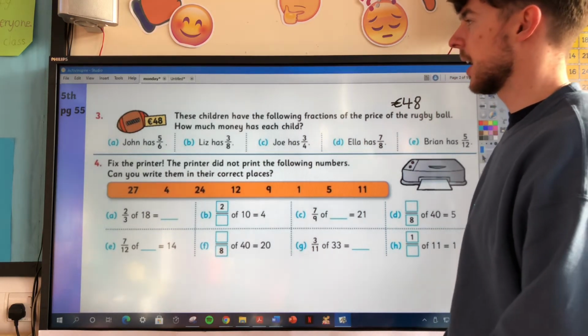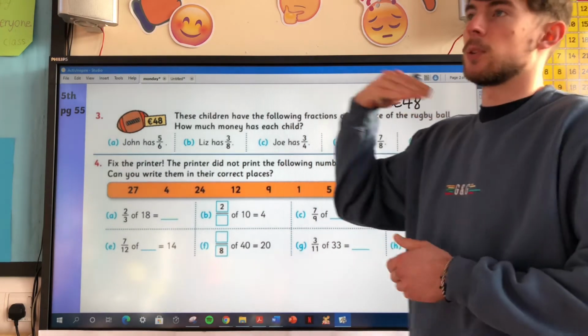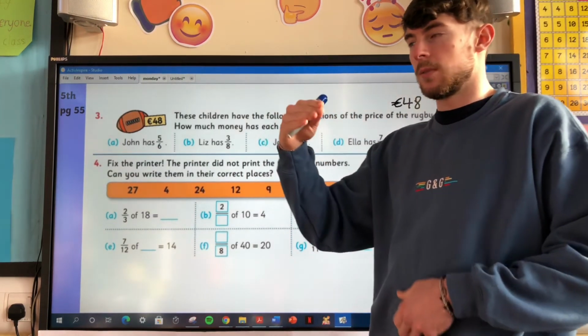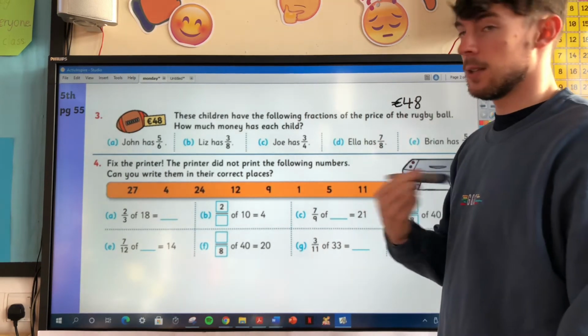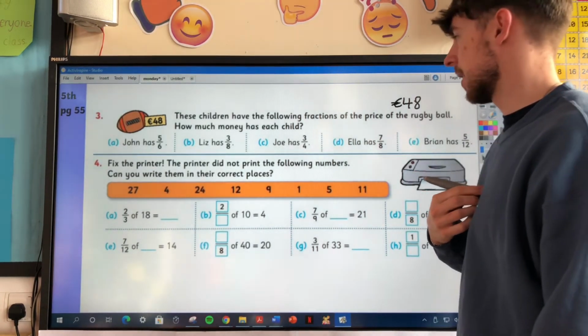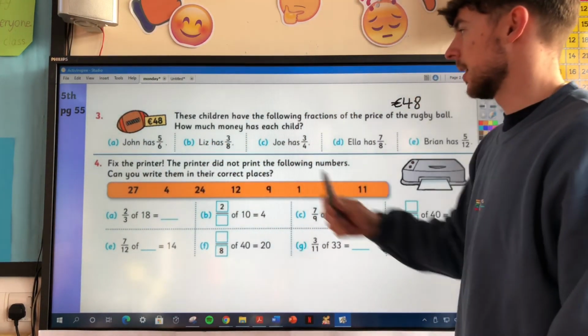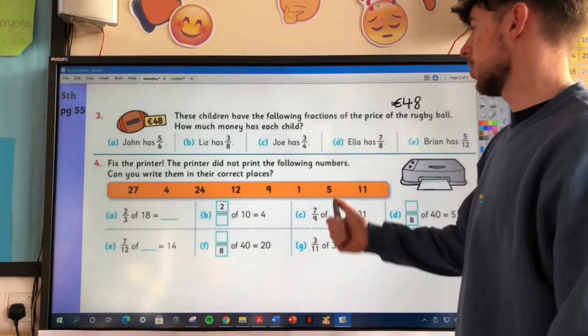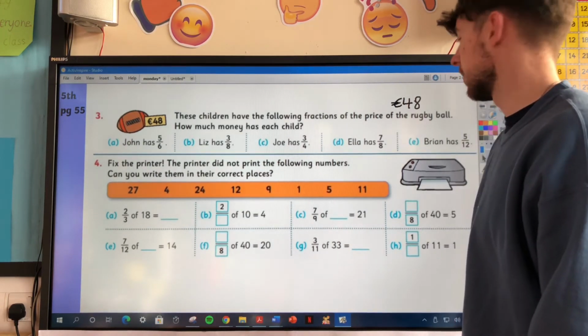So each child has a certain amount of money, and they're basing the price of the rugby ball as the whole of the fraction. Okay, so what is the best idea to do here? So for example, John has 5/6, Liz has 3/8, Joe has 3/4, Ella has 7/8, and Brian has 5/12.